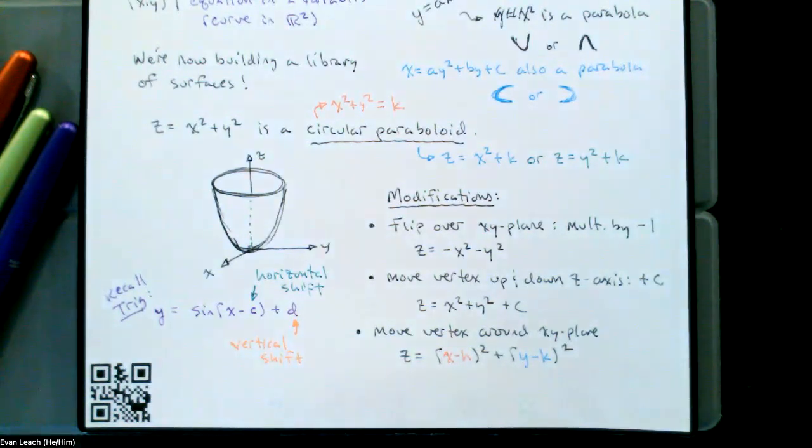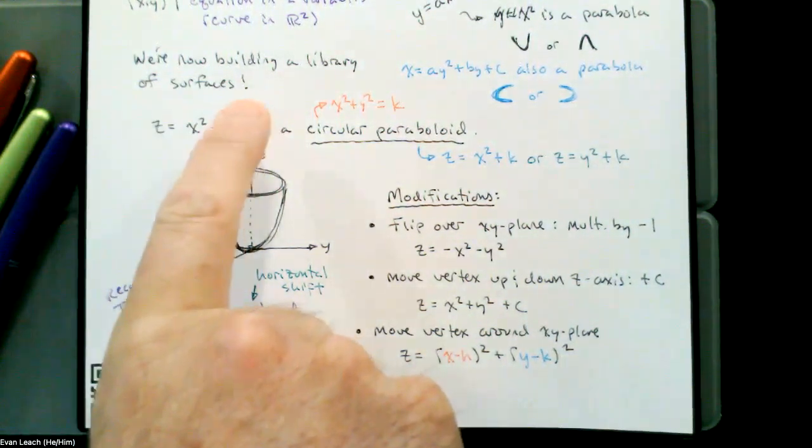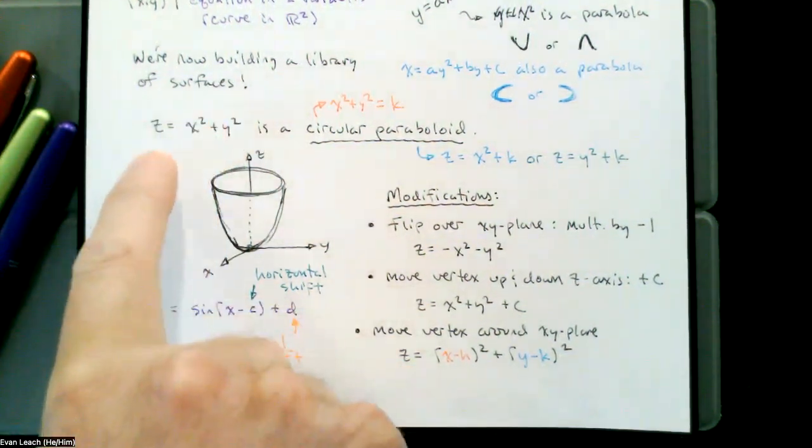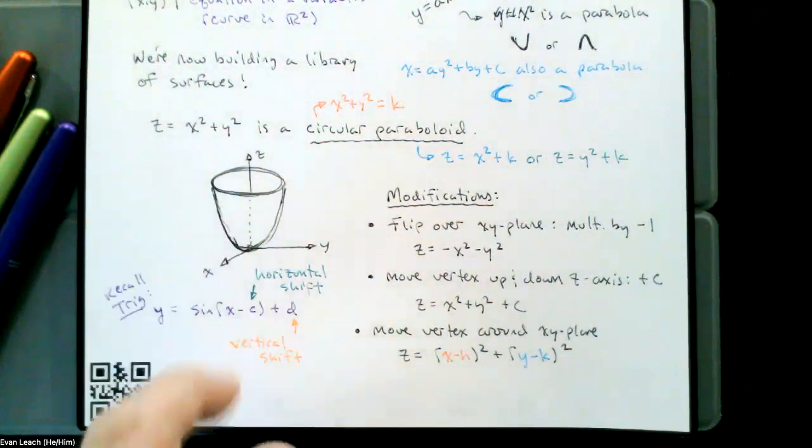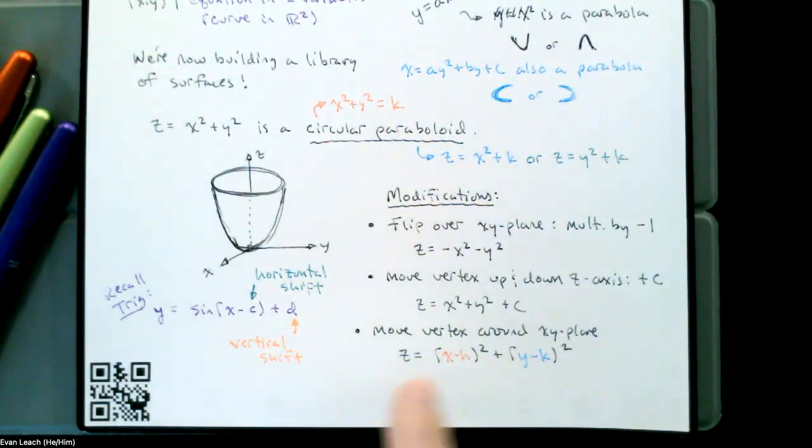All right. So this is how I want you to look at the rest of chapter 12. We're going to go through some more details in chapter 12, but remember what we're trying to do. We're trying to build a library of surfaces, taking an equation and producing the picture in your mind. Then, once we've got those, we're going to want to learn how to modify them just by remembering how modifying functions works and what effect that has on the graph.